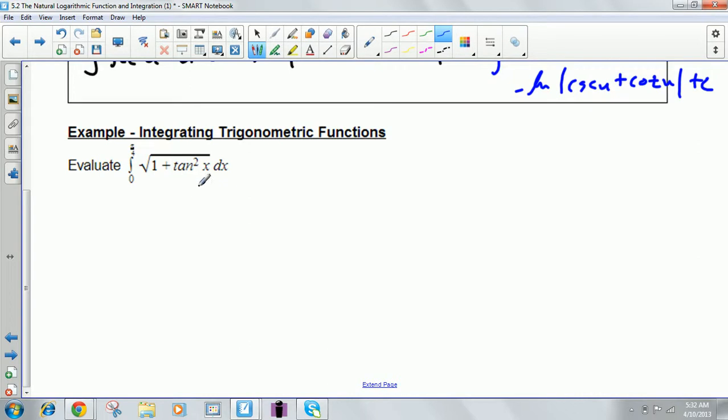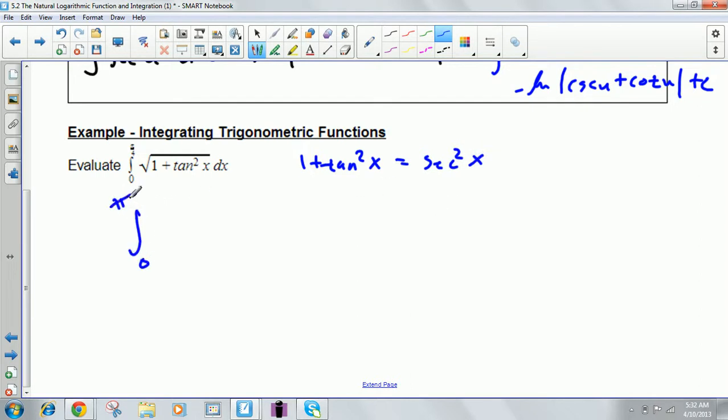Alright, so on this one we're going to have to manipulate the function a little bit to make it look different. One of the trigonometric identities, if you look up on my wall, it's somewhere up there, is that 1 plus tan squared x is equal to secant squared x. So we have to remember that.